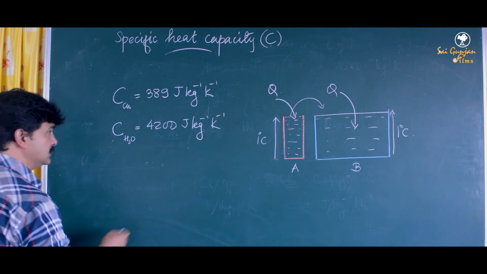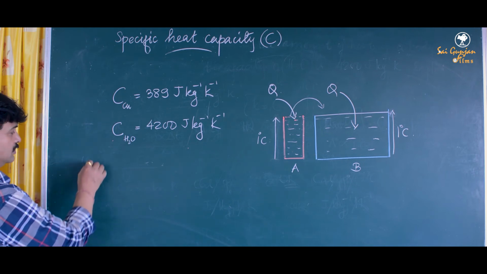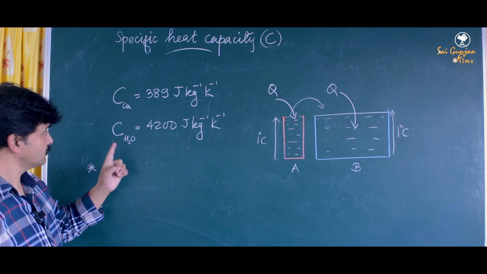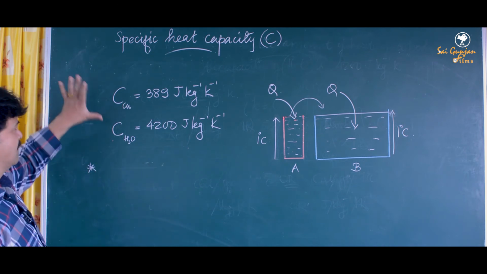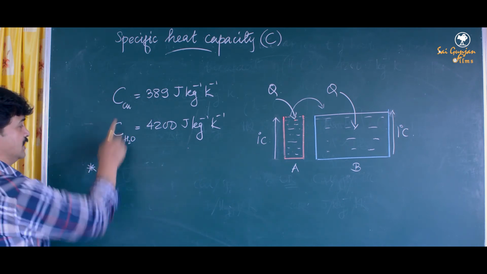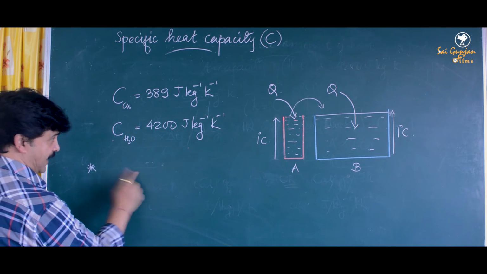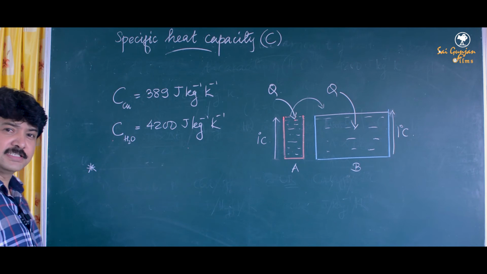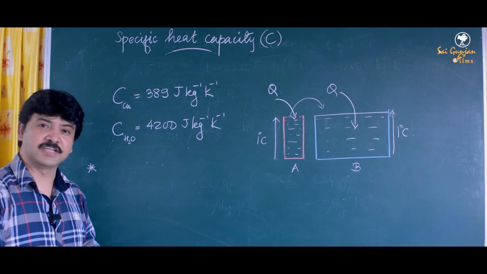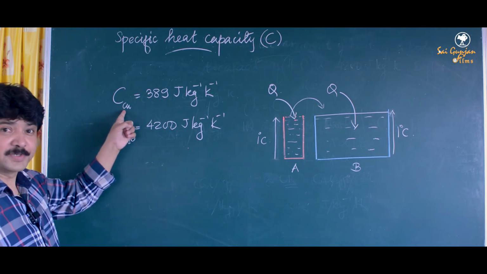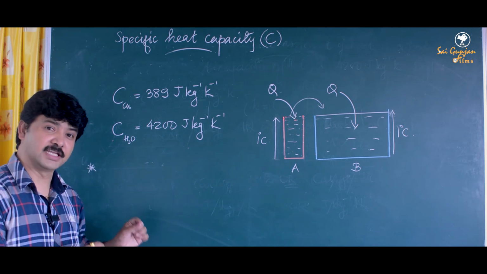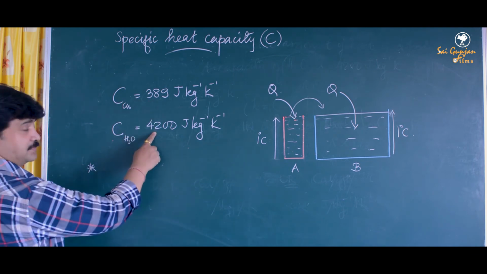Now, another thing which you have to remember about specific heat is, look at this. This example is a very good example for me to explain this particular fact. Between copper and water, which is a good conductor of heat? It's copper, no? But you know water is a bad conductor of heat. And look at the values.